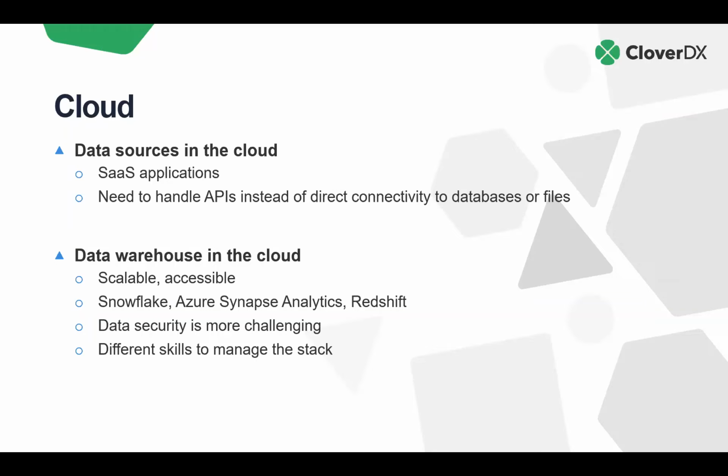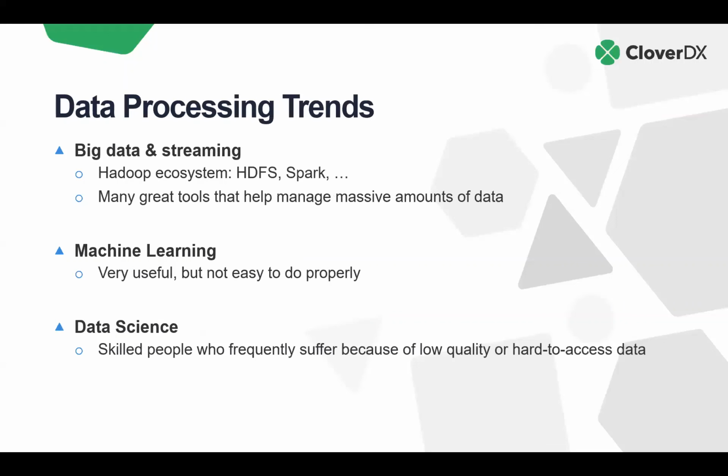So all of this impacts your decision of where the data warehouse will be located. In this talk, I'll basically speak about the cloud warehouse. Of course, many of the things I'll say apply to on-premise warehouses, but I'll focus more on the cloud, since that seems to be the trend where everyone wants to go.